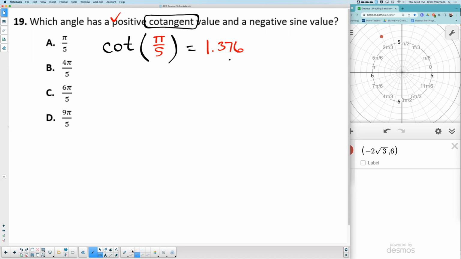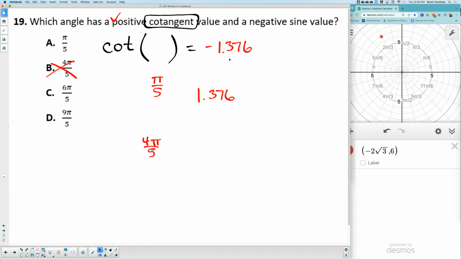What if you tried 4 pi over 5? Who typed that one in? Negative 1.376. Good answer, bad answer? Bad answer. So this one is eliminated.